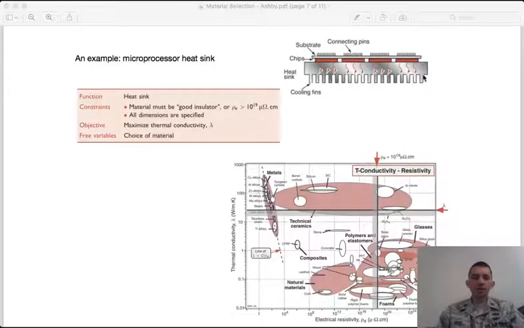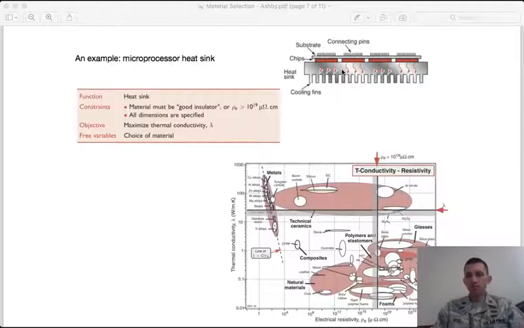Well, in following our methodology, we have a relatively simple function, right? It needs to be a heatsink, and so that leads to some constraints. So we want it to absorb heat from the semiconductor device efficiently, and so it needs to be a good insulator, right?